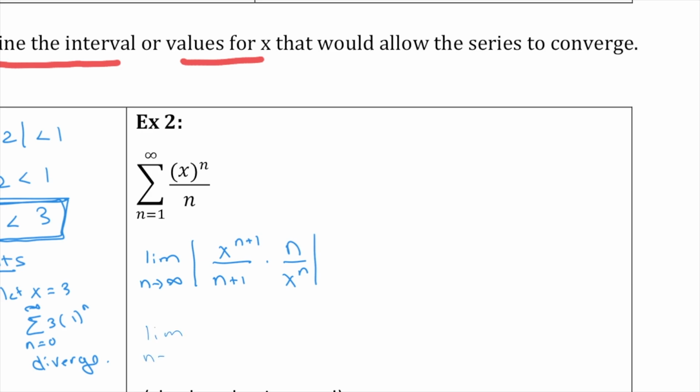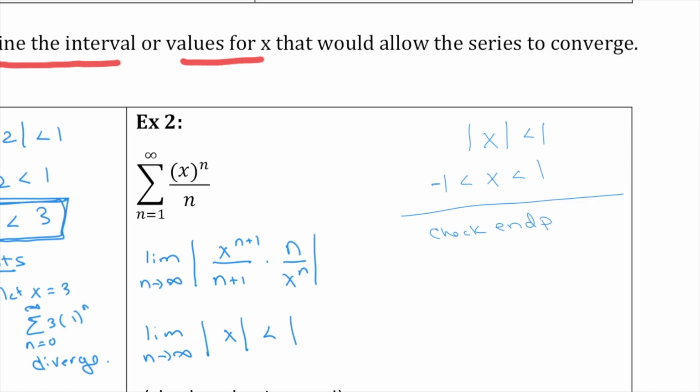The limit as n goes to infinity, the absolute value of x, is going to be less than 1. So again, we will only have convergence when the absolute value of x is less than 1. Let's solve this. Negative 1 is less than x is less than 1. We must check those endpoints. Make it obvious. If you do not make it obvious, the graders will not give you credit.